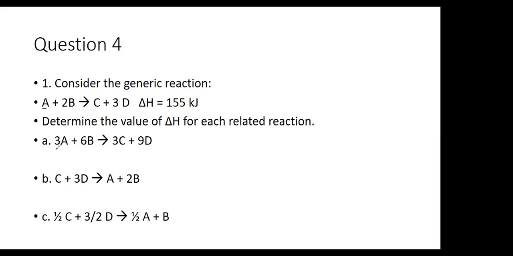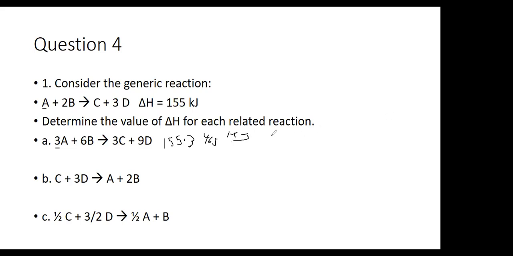A went to 3A, 2B went to 6B, so on and so forth. So we take our value, 155, and we multiply it by 3 to get 465 kilojoules.